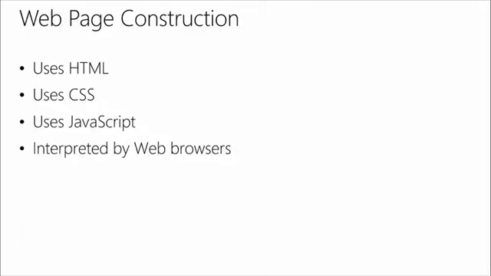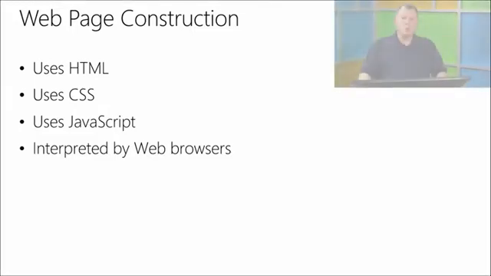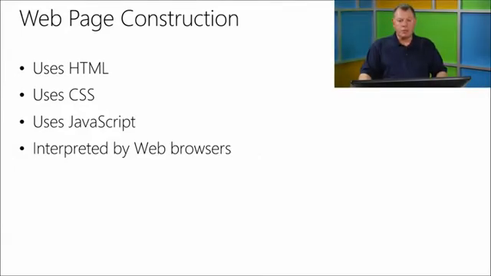So with web page construction, especially with the introduction of HTML5, which is the latest standard from the World Wide Web Consortium, the group who maintain the standards for HTML and for web technologies, HTML5 now includes 3 technologies that complement each other: HTML, or the hypertext markup language; CSS, known as cascading style sheets; and JavaScript, which adds functionality to our applications.